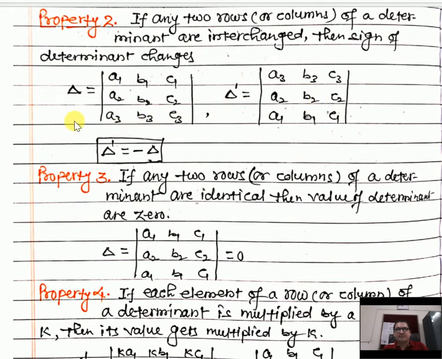What I did here is the transformation r1 to r3: instead of r1 we are bringing r3, and instead of r3 we are bringing r1. Look at here, we got this determinant. If you simplify this and this, the new determinant will be equal to minus of this one.